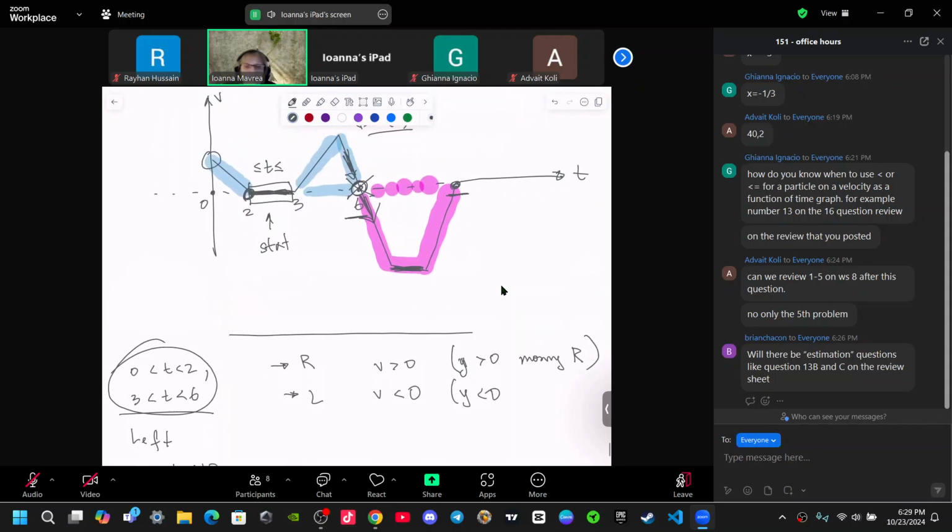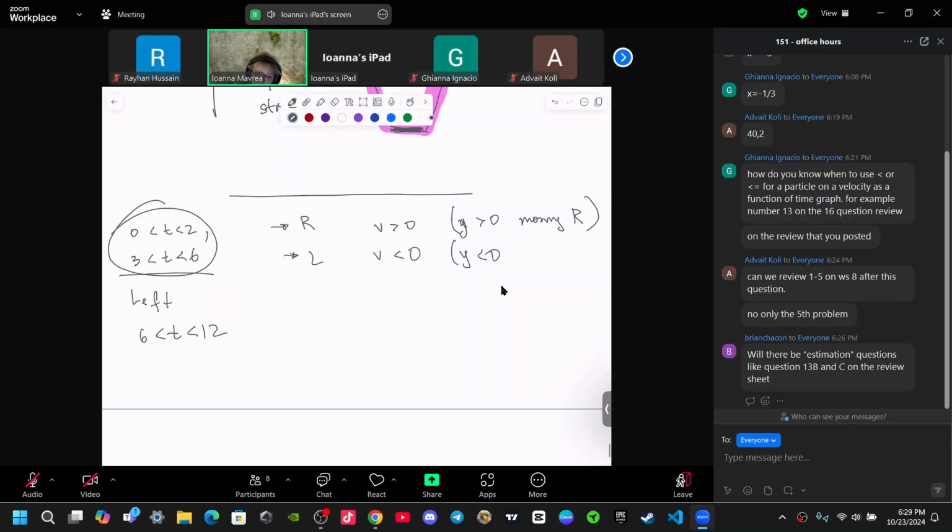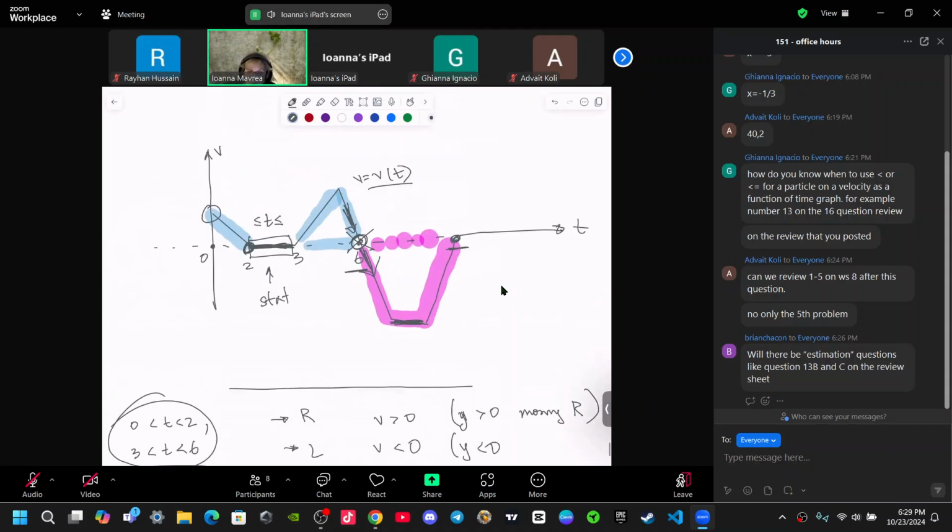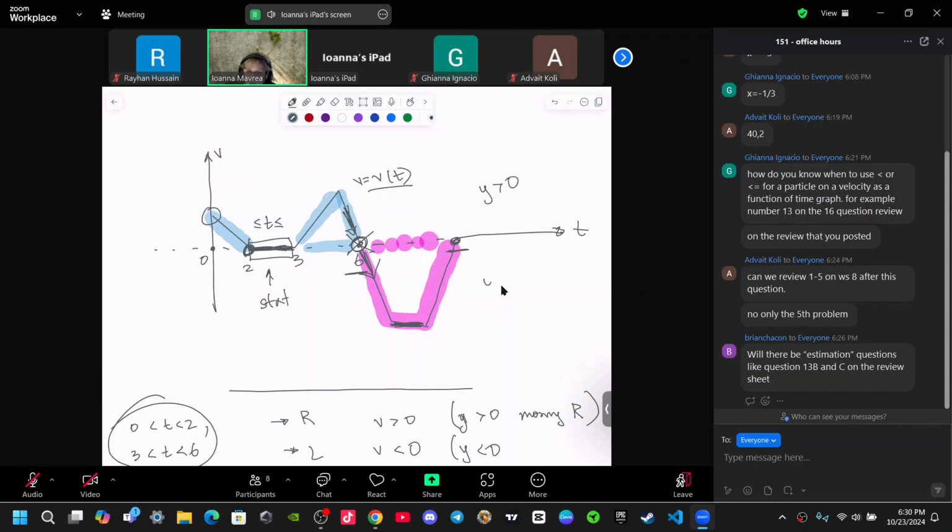So what is the greatest speed? Speed is the absolute value of the velocity. So they're asking you, look at all the velocity values, look at all the y coordinates, positive and negative. So you have positive y coordinates, you have negative y coordinates, and here you have 0 y coordinates. Out of all those, pick the one that has the largest absolute value. So if you want a very large absolute value, that's speed.